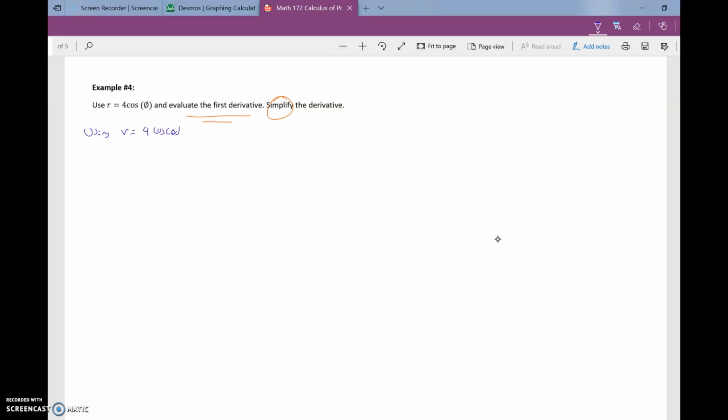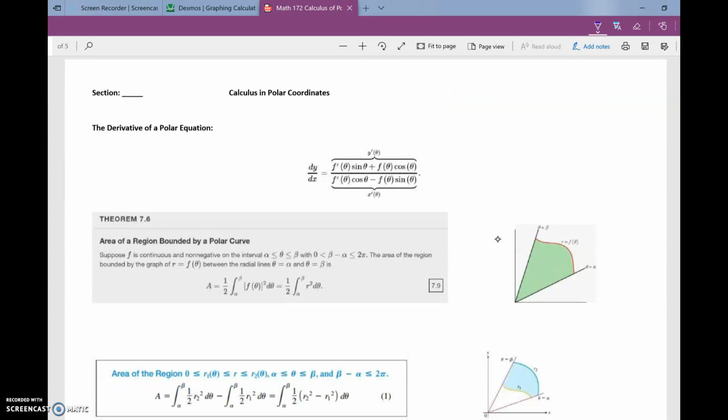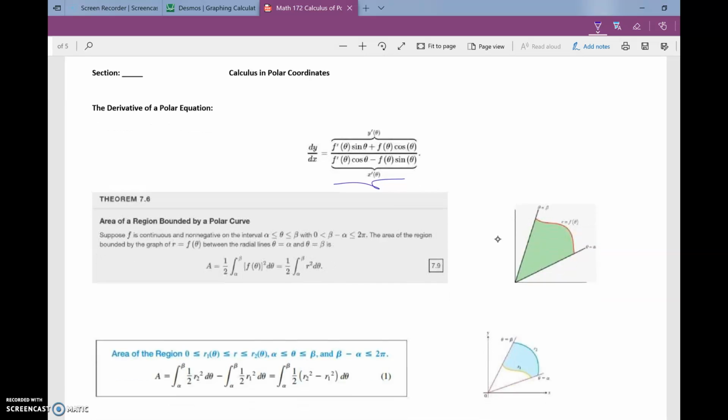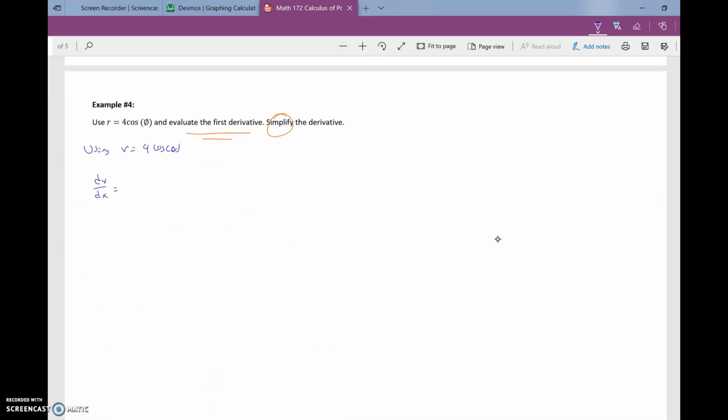The first derivative, or in this case dy dx, is going to be equal to the following. So this is from the formula above. So we're going to basically evaluate this mess. And they do want us to simplify it on this specific problem. So that's going to probably mean that we're going to be using some identities.